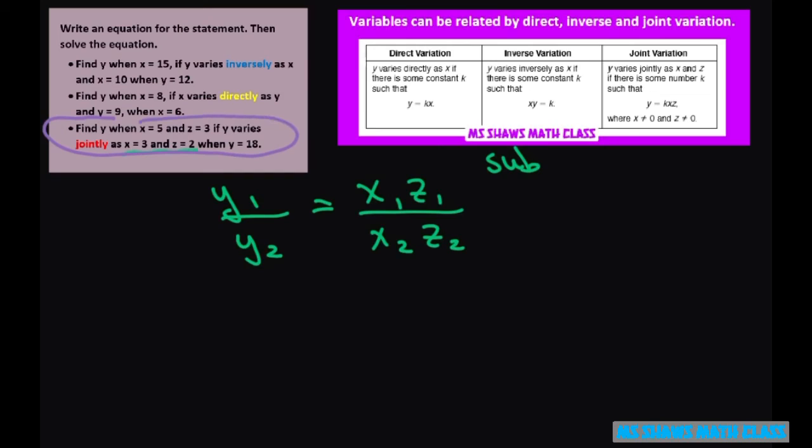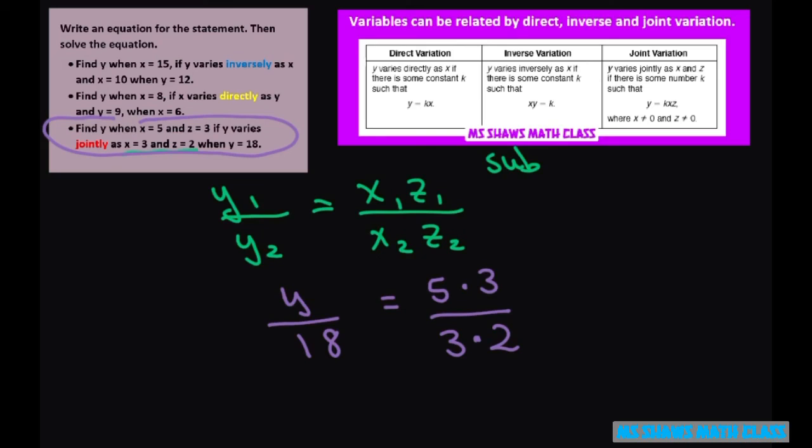So you're going to get y, which is what we're looking for, divided by 18 equals 5 times 3 divided by 3 times 2.